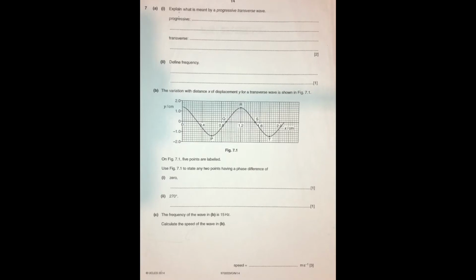For my students, we've been studying waves for a few weeks now, and this would be a good question, number 7 from that paper, to really assess how well you've mastered a few of the learning outcomes that are associated with waves.